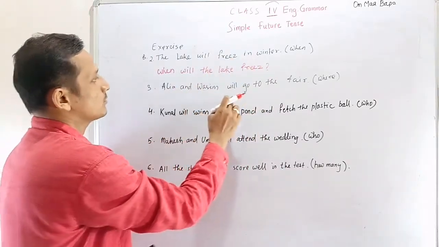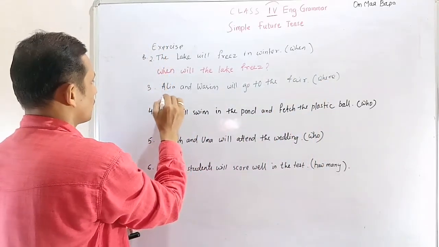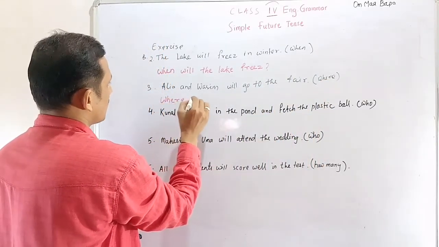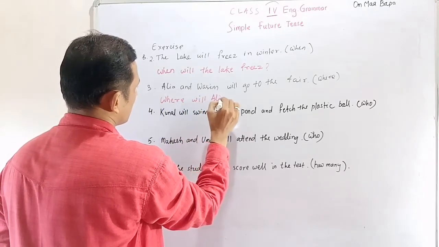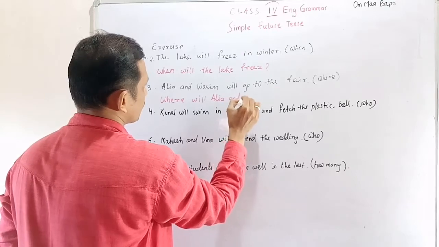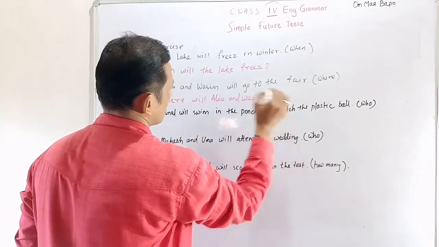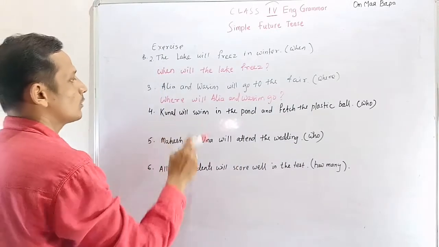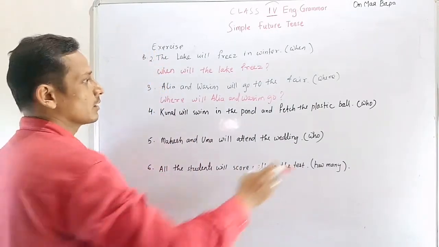Alia and Wasim will go to the fair. Where will Alia and Wasim go? And the question mark. Kunal will swim in the pond and fetch the plastic ball. Okay, using who?